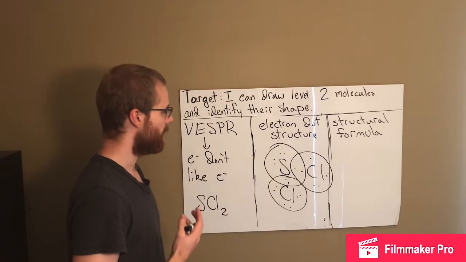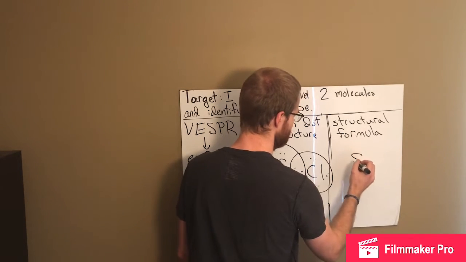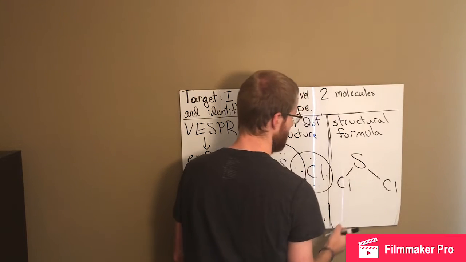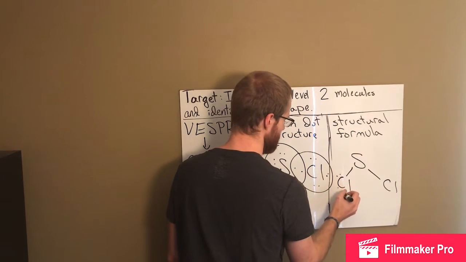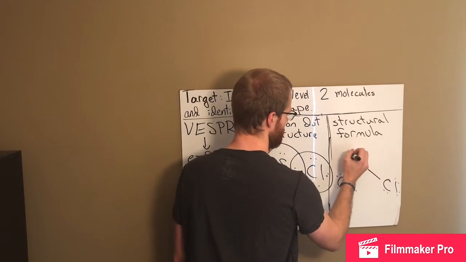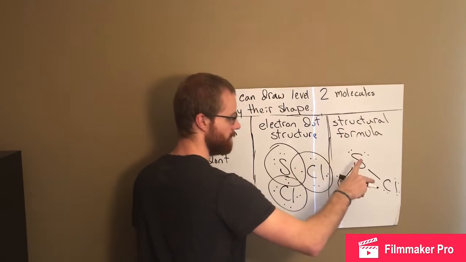And for our structural formula, we're going to have a sulfur in the middle, and 2 chlorines really. Each chlorine is going to have some unshared pairs of valence electrons. Pretty much exactly what we drew right here.